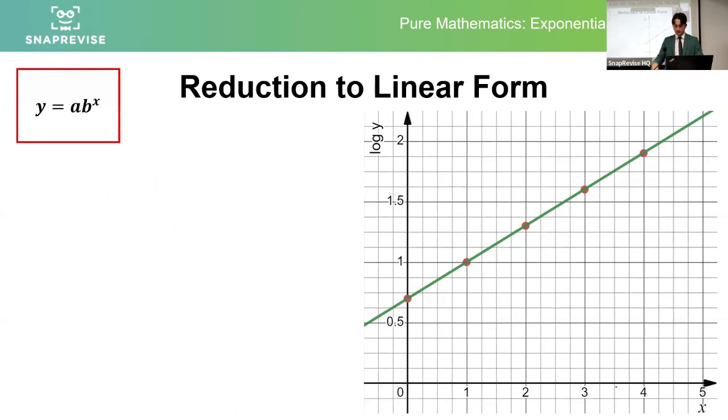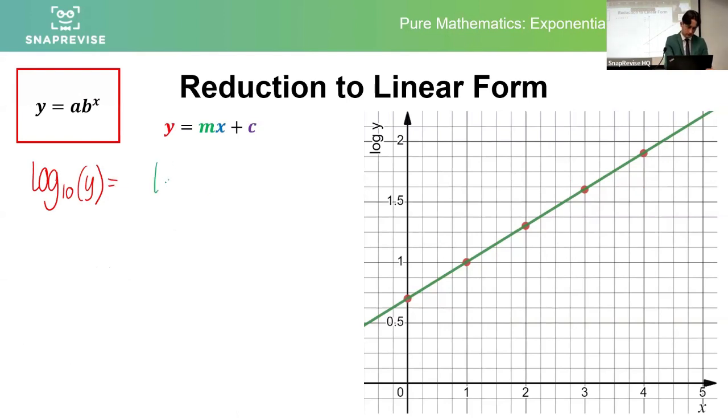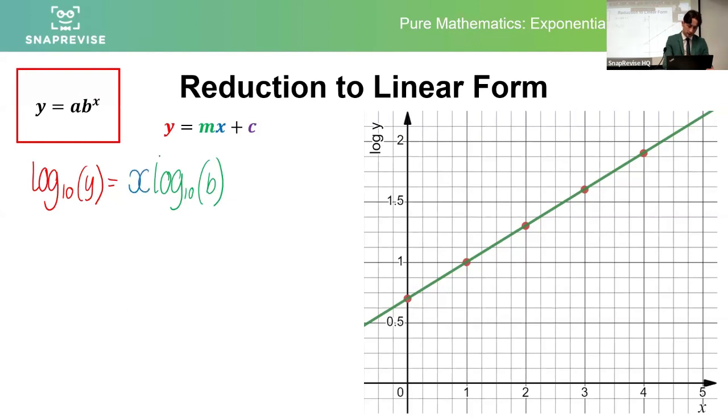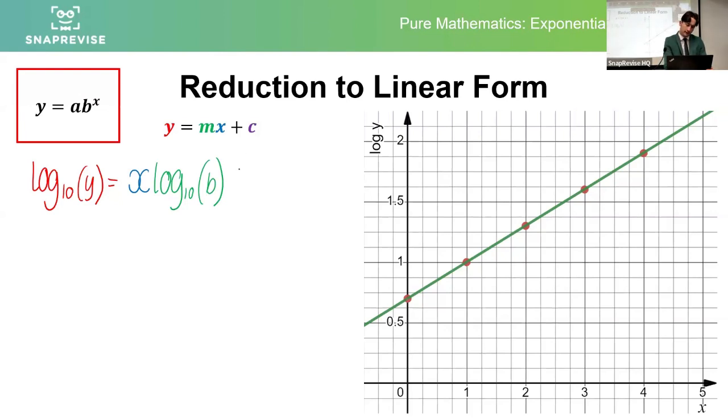So we said that in the straight line form, I'm going to write this out nice and carefully, log base 10 of y is equal to, I'm going to really try and do this neatly and in a color-coded way. This was the thing we got right at the start.